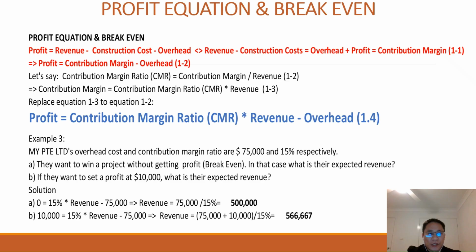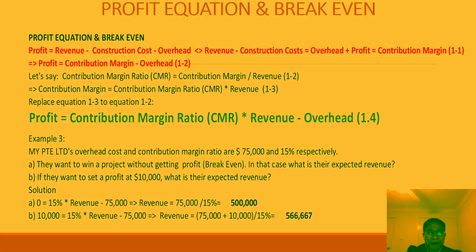So here is the solution. We will apply this very important equation 1.4. In here we get no profit, so we put profit equal to zero, and the contribution margin ratio is 15%.